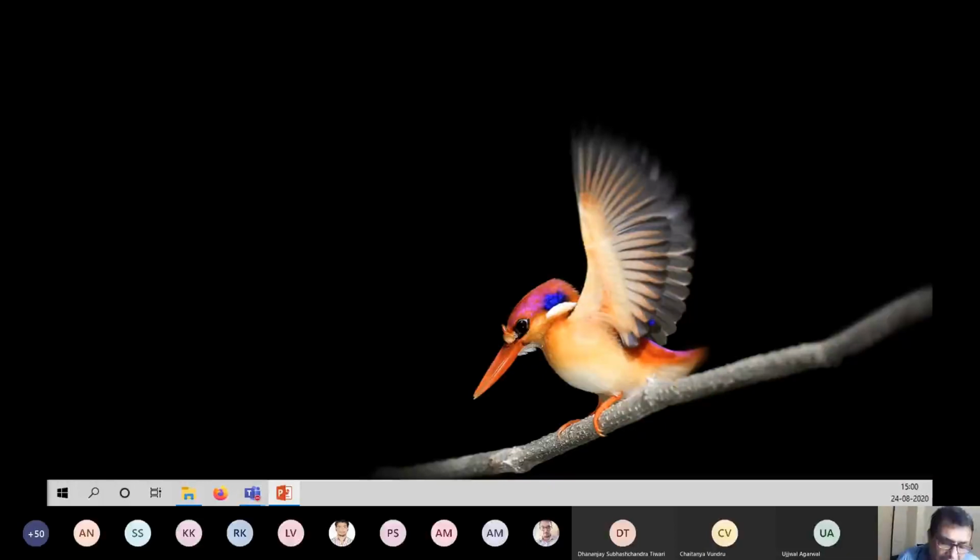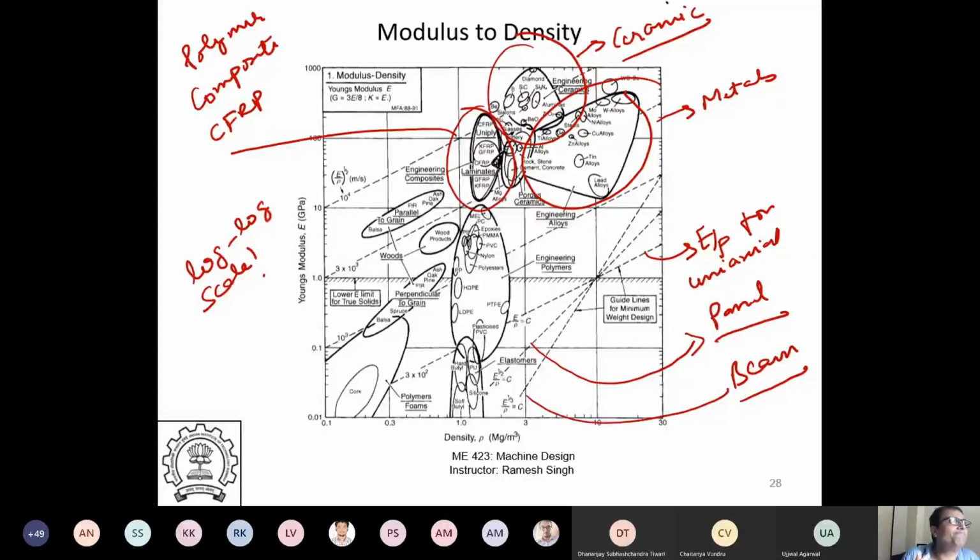Now, the reason why this is good is because it has a polymer matrix. So this polymer matrix, what it does, it actually gives us some degree of, it's not brittle.